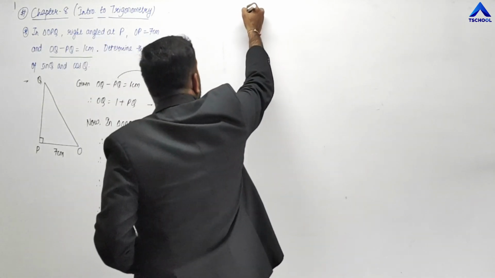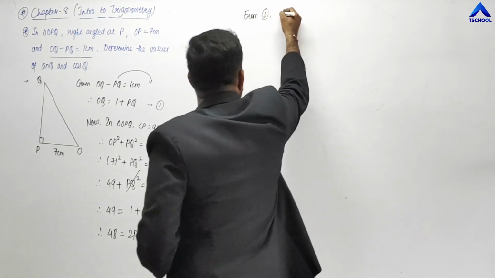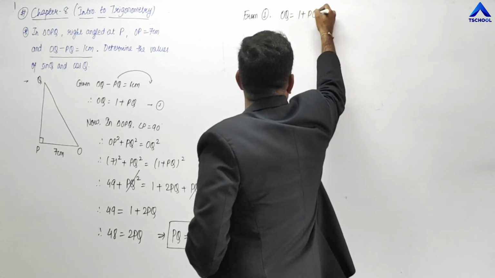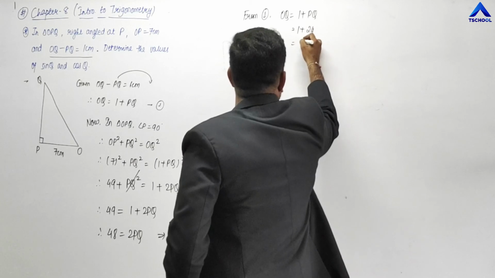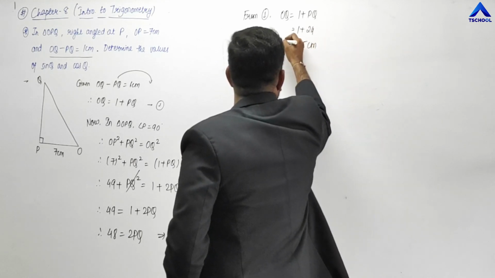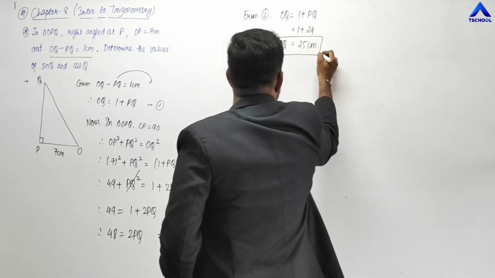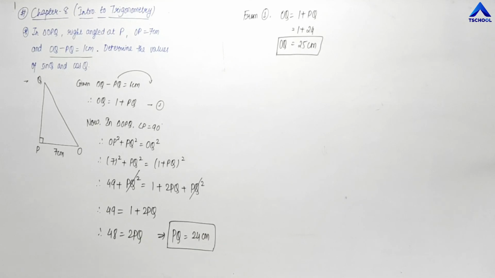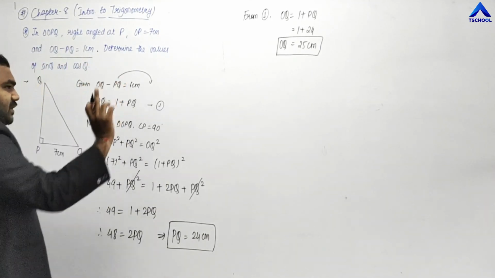From equation 1, OQ is equal to 1 plus PQ, that is equal to 1 plus 24, and that is equal to 25 centimeter. So we got the second thing, that is OQ is equal to 25 centimeter. Let us confirm. OQ minus PQ equals 1.